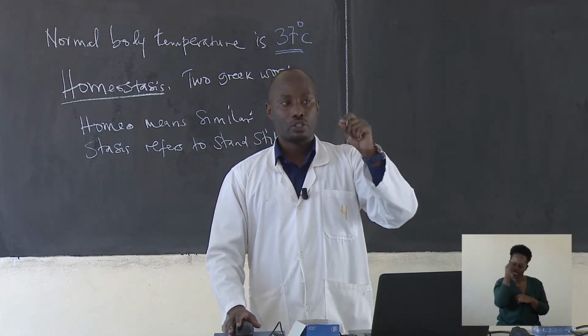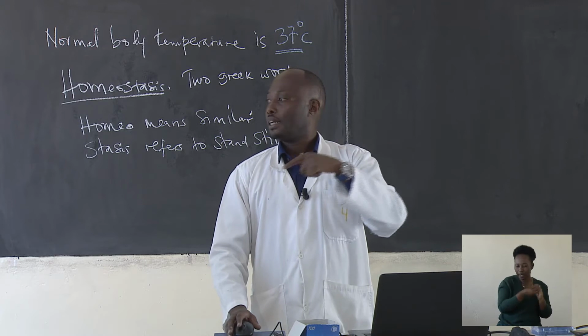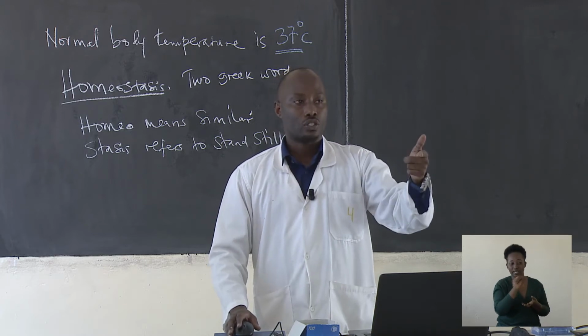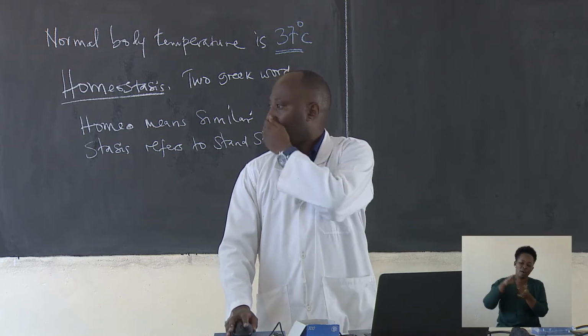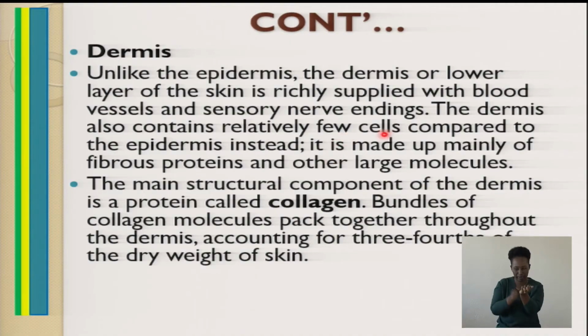The reason is that in the dermis there are a number of blood capillaries, which reduce the number of cells present there. Instead, it is made up of many fibrous proteins and other large molecules.